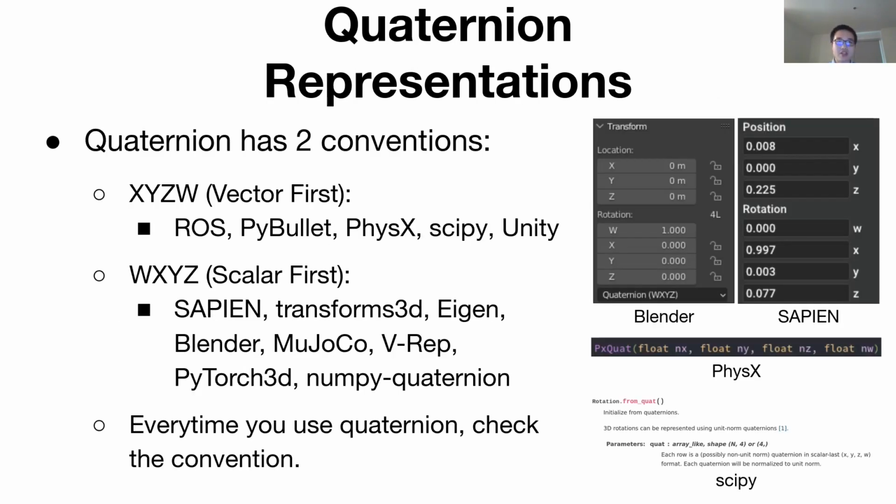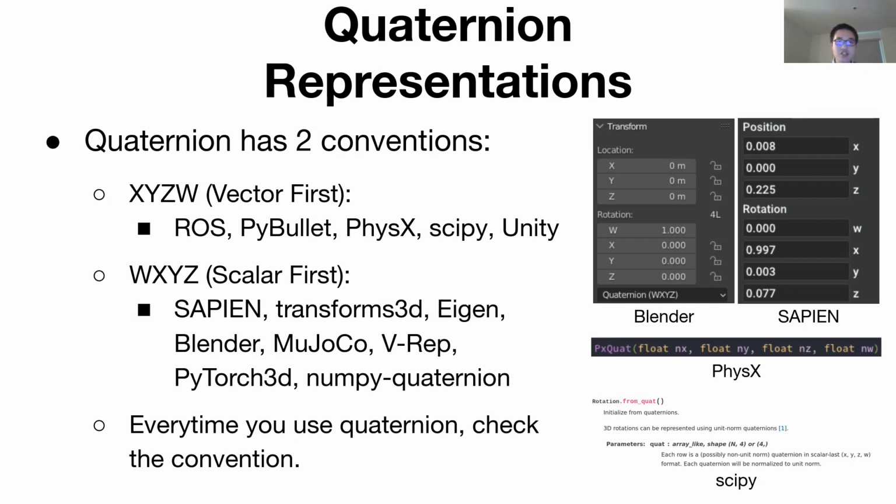So, quaternion representations. As you may already know, quaternions are very commonly used to represent the rotation of rigid bodies in simulators. But there are 2 very common conventions in use in the popular software. The first is the XYZW convention, or vector-first convention, where the XYZ component is placed before the scalar component of the quaternion.